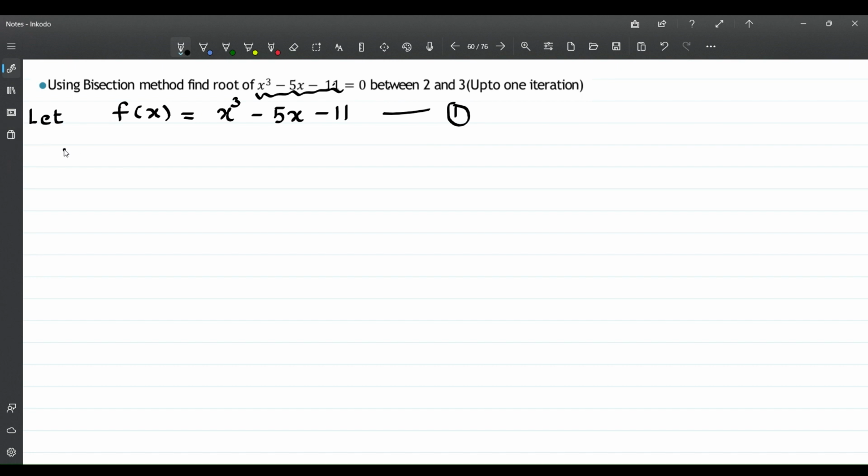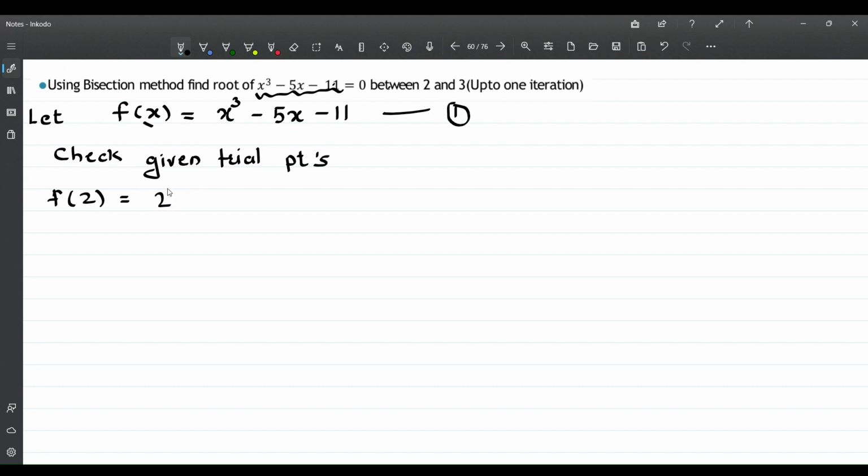So we have been given trial points. What we have to do here is only check the given trial points. The given trial points are 2 and 3. First I will take f of 2, putting x is equal to 2 in this equation.